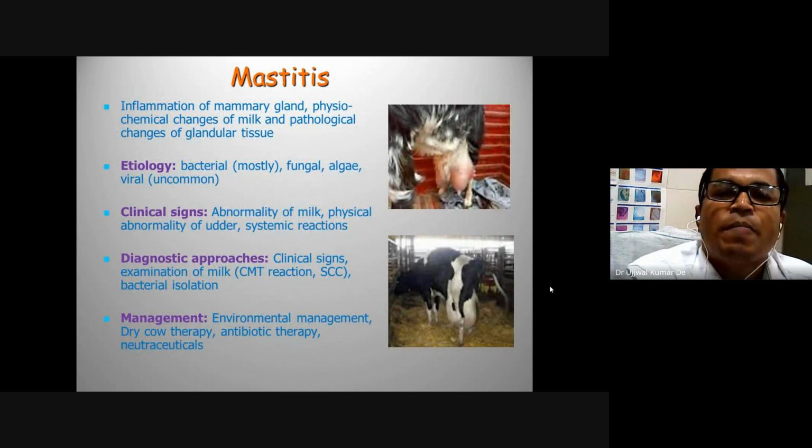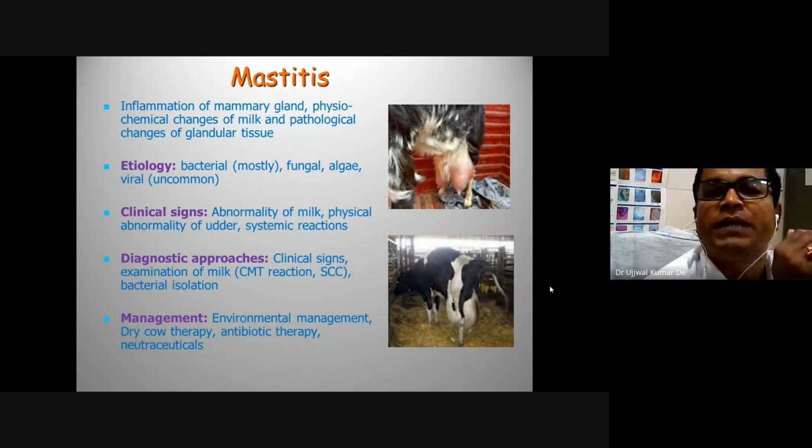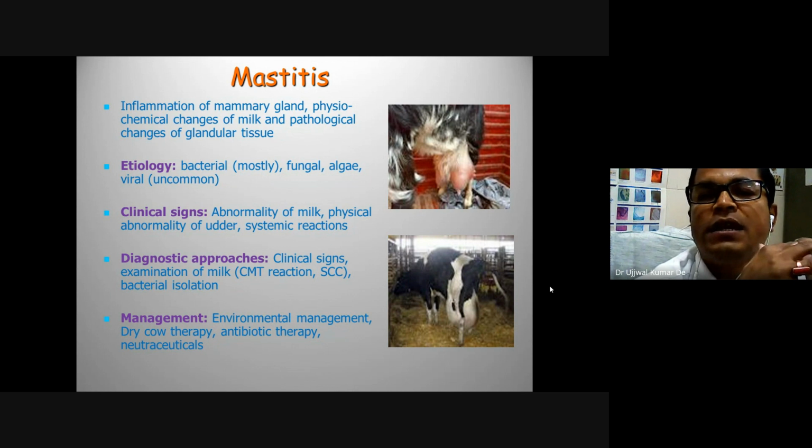If we define mastitis, there are two things we have to make clear in our mind. First is the morphological characteristic of the udder. Number two is the physiochemical property. Morphological changes of the udder mean uniformity will not be there between the left and right udder, or fore quarter and hind quarter.